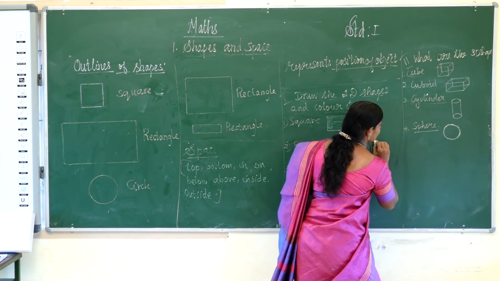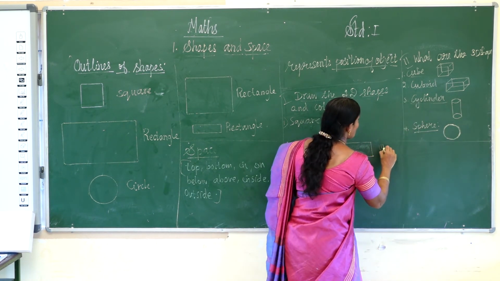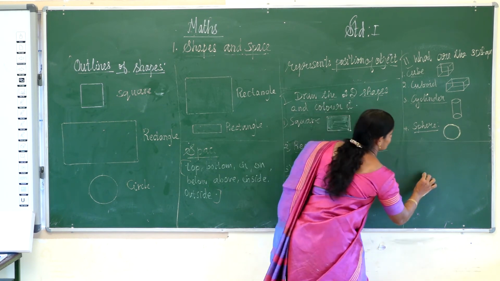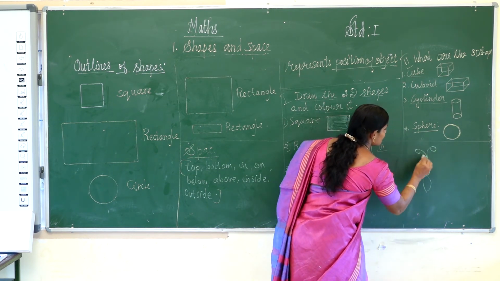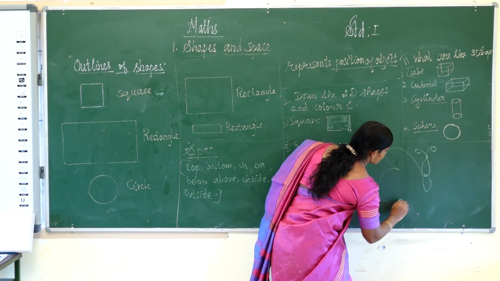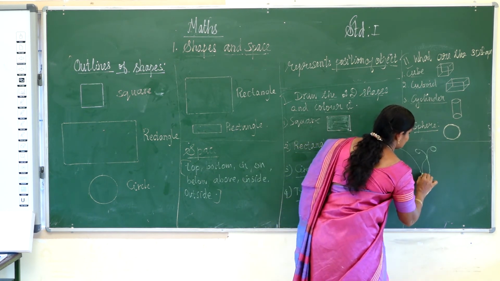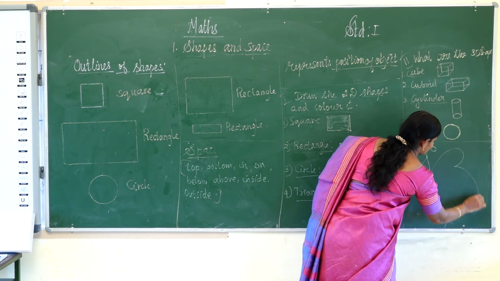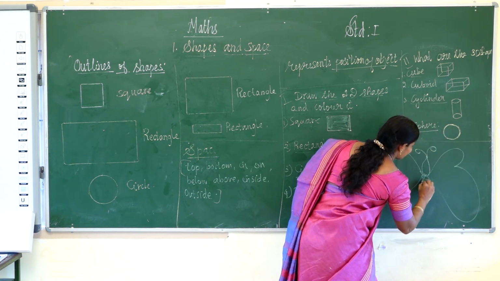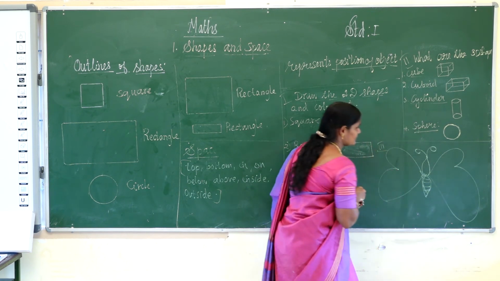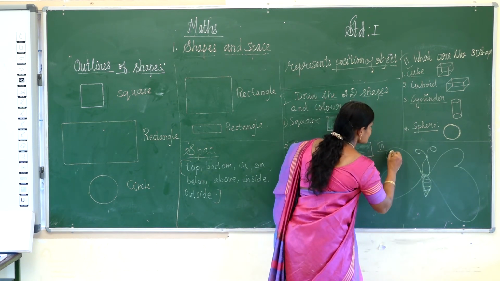Next, you count and write the triangles. This is a homework. Here listen.